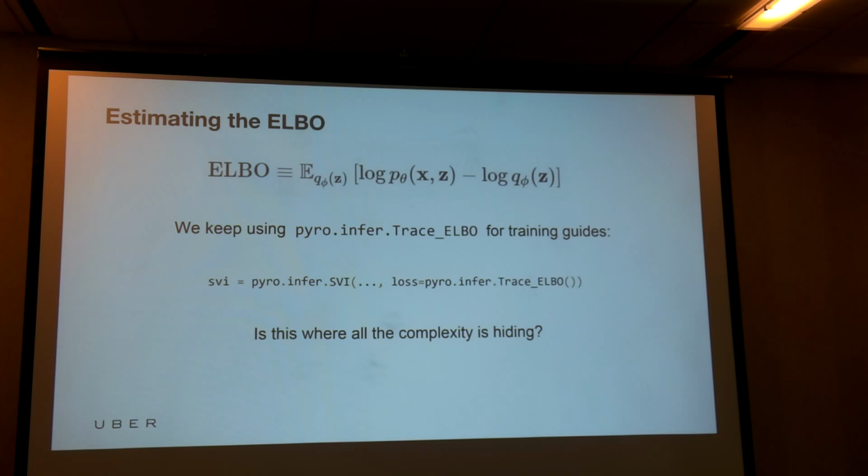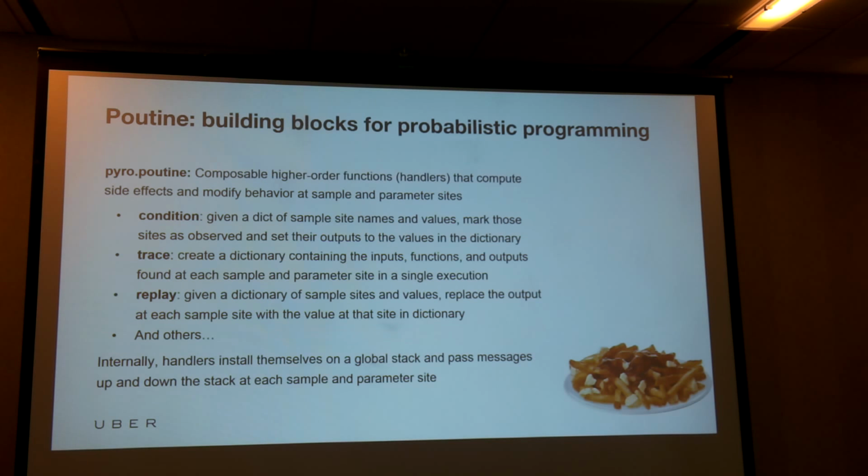And certainly the biggest suspect is this, so far still somewhat mysterious, Pyro.infer.Trace_ELBO that we've used for training models and training guides. We've used this in all the examples so far. Maybe this is where all the complexity is hiding. Turns out that the answer is no.